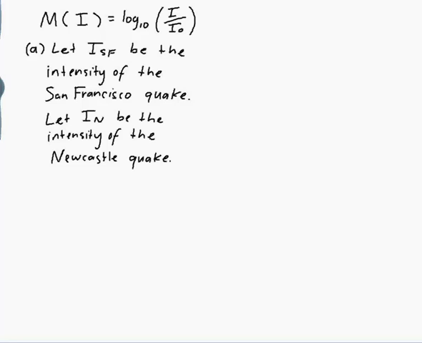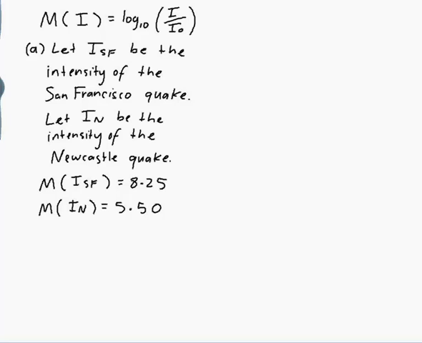Alright. Now let's go back and see what it says. It says that the Richter scale measurement of the San Francisco earthquake was 8.25. So according to my formula, M of ISF is 8.25 and M of IN was 5.50.